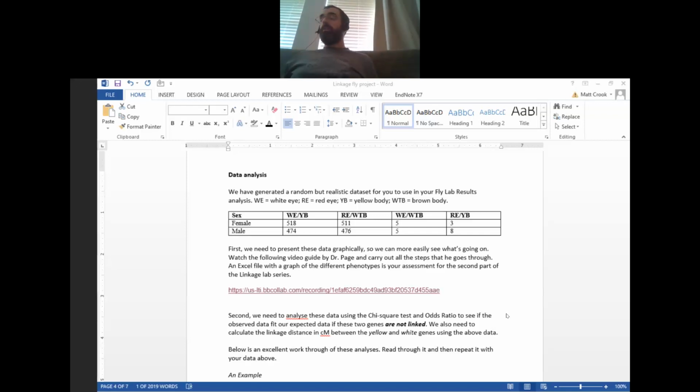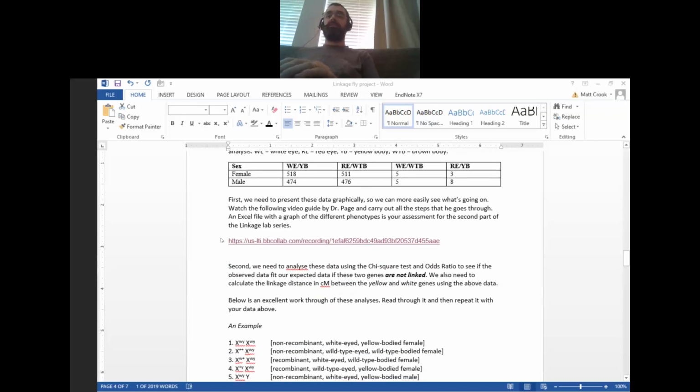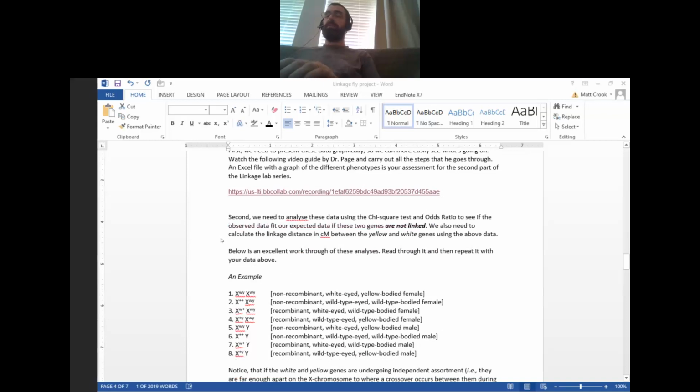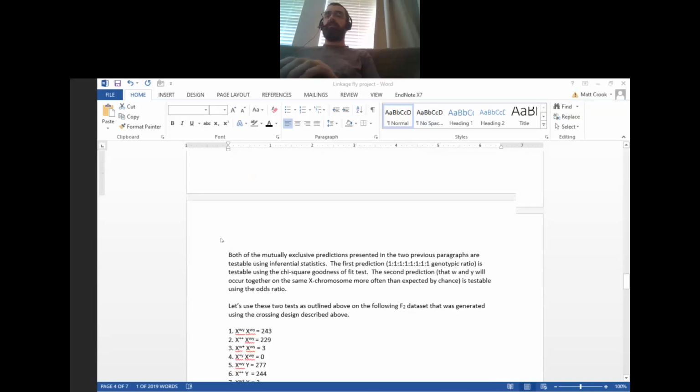I'd suggest going with a more conventional null hypothesis that they are not linked, right? So essentially you would figure out, okay, what proportion of each combination of phenotypes, these four up here, would I expect to see if these genes were not linked? That's how you'll calculate your expected values, right?